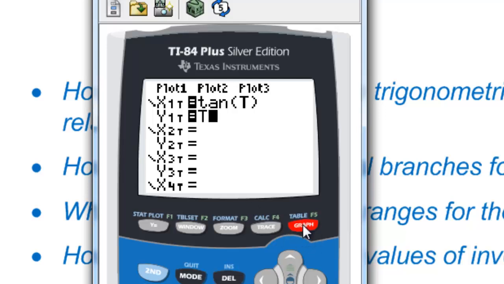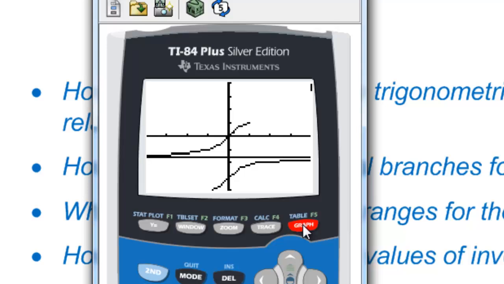Now when we graph, we see the repeating pattern, just like we wanted. So since all of these graphs are part of the inverse relationship, when we're in function mode, we only see one of those repeating images.